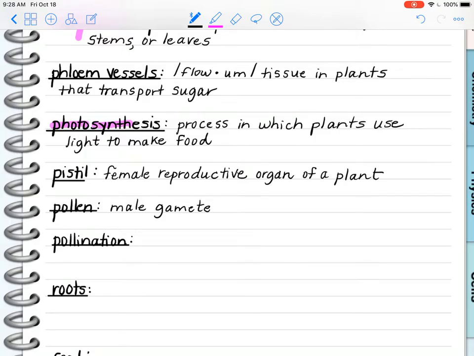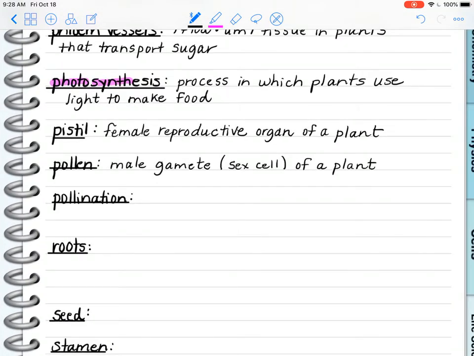In the plant world, it is not a sperm cell, it is a pollen grain. So it's the male gamete or the sex cell of a plant. Remember, gamete is sex cell. So plants need parents. They need male and female parents to produce other plants.